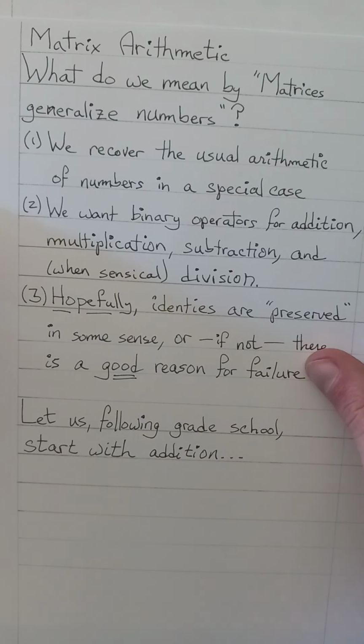And hopefully, when we generalize, when we expand the context of definition, the identities are preserved. By identities, I mean x plus 0 is x, and x times 1 is x, or associativity properties.